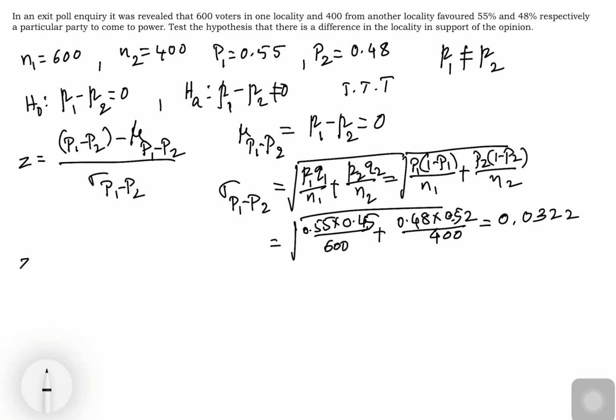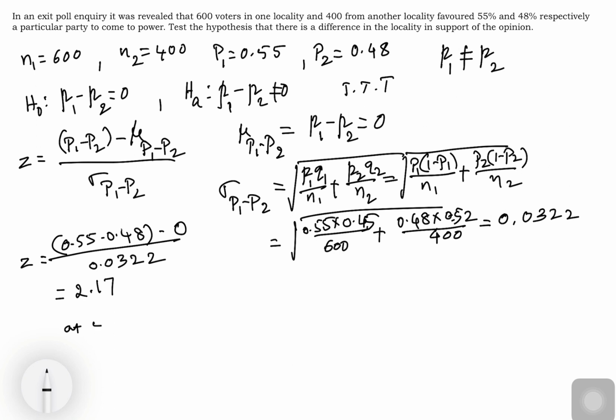And Z is P1 minus P2, 0.55 minus 0.48, minus 0, divided by 0.0322, and this is found to be equal to 2.17.